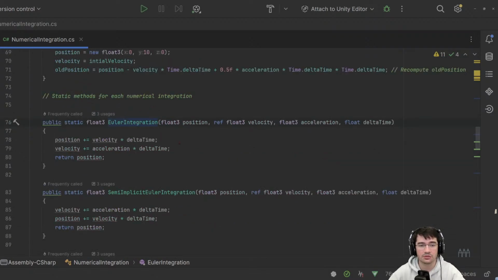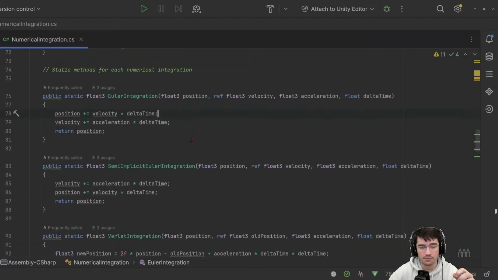This first one is saying, I want to update the position based on my velocity and the delta time, and then update the velocity based on the acceleration. That's the most basic movement integration that you can do.